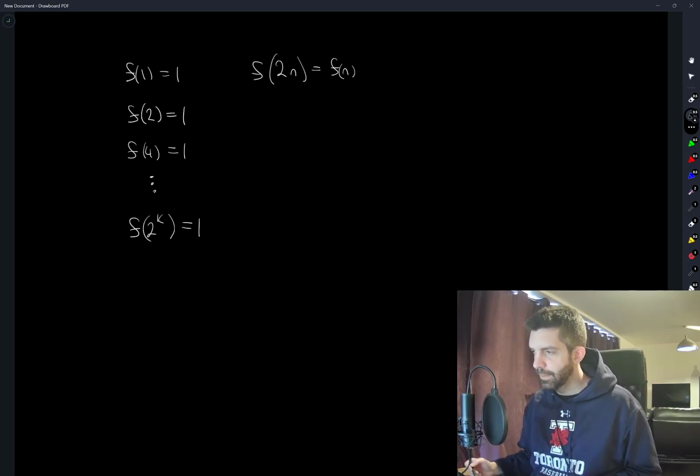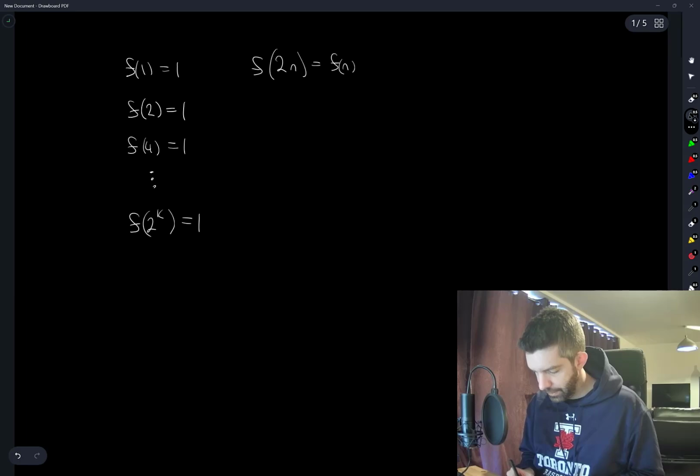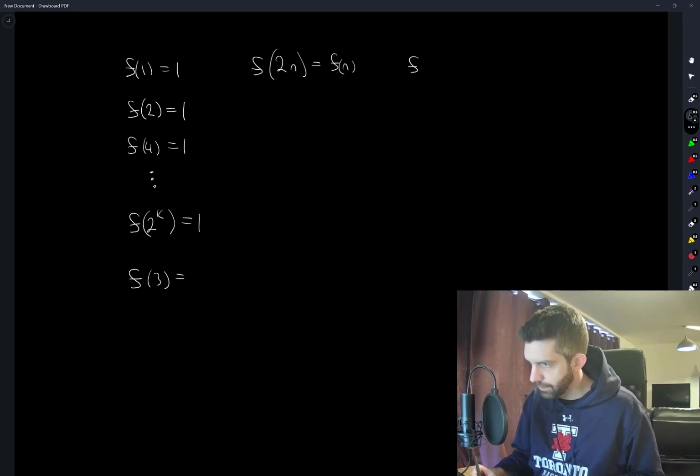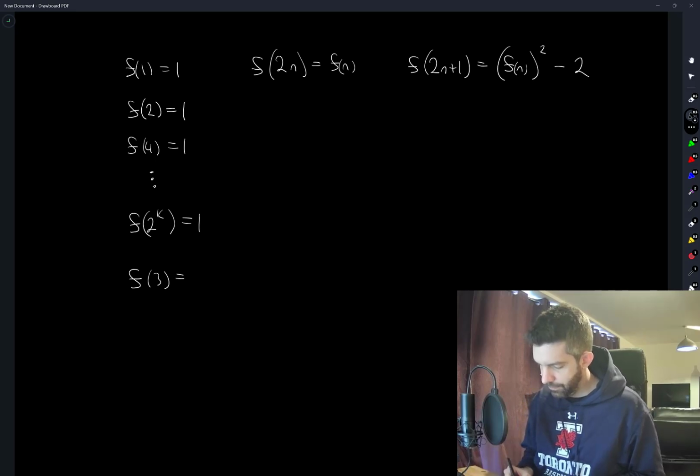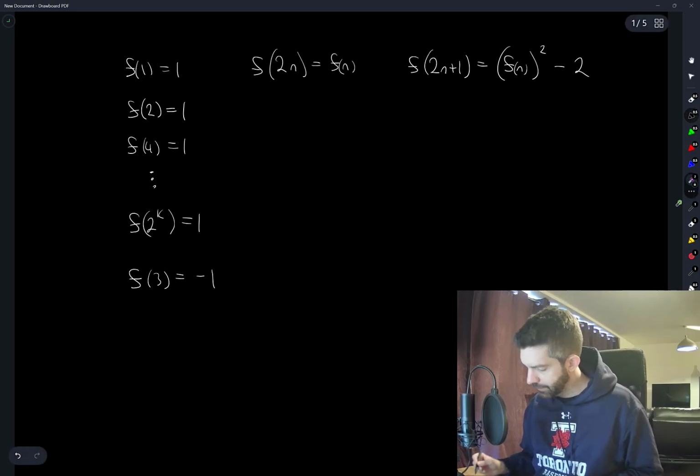Now what about odd numbers? How would we compute f of 3? I'll write the other rule down here. F of 2n plus 1 is equal to f of n squared minus 2. So f of 3 will be negative 1, right?